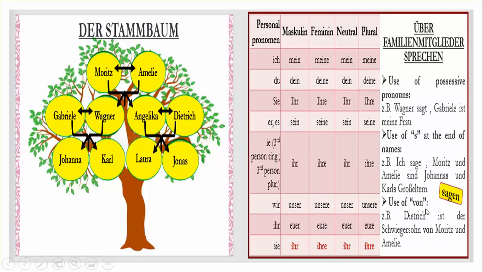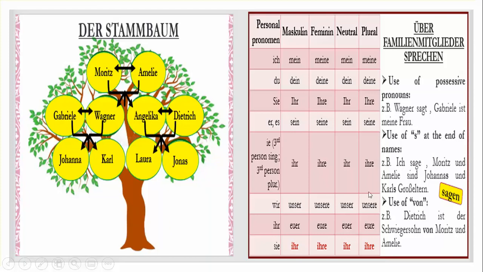So if we have a look at the family tree, Dietrich is the son-in-law of Moritz and Amelie.